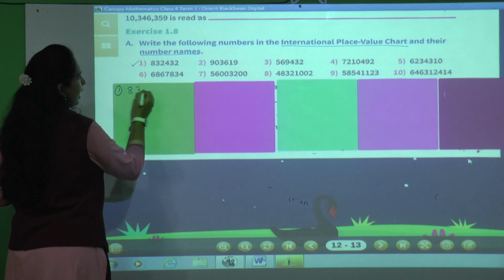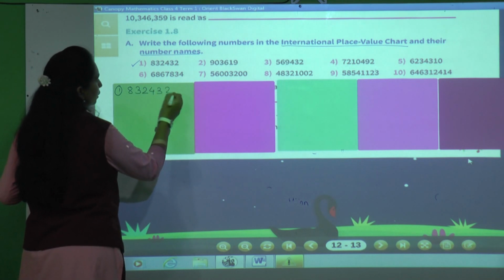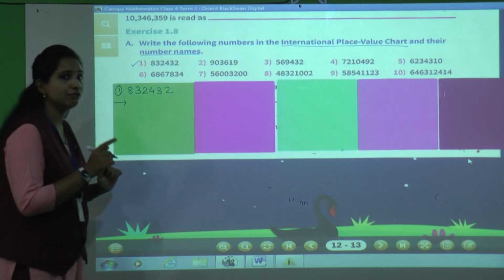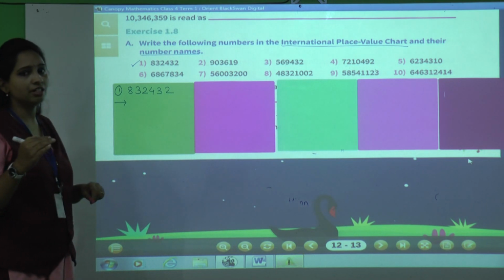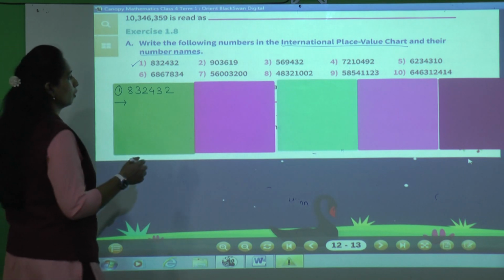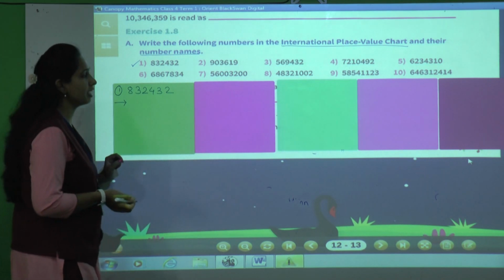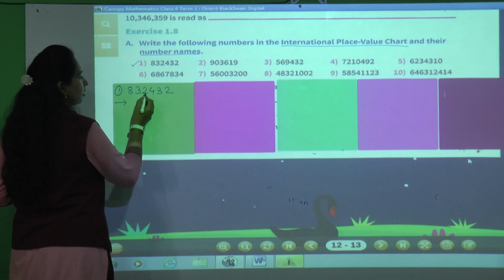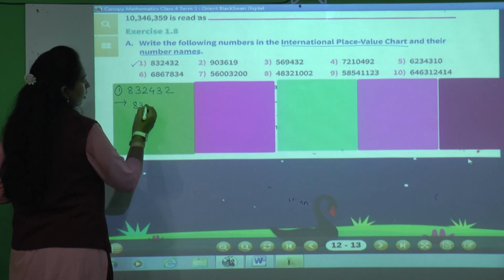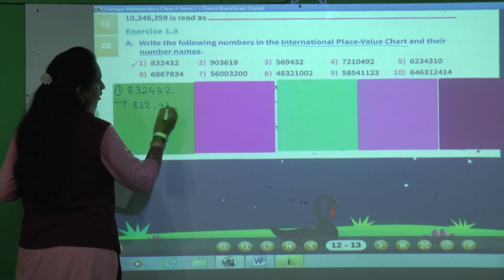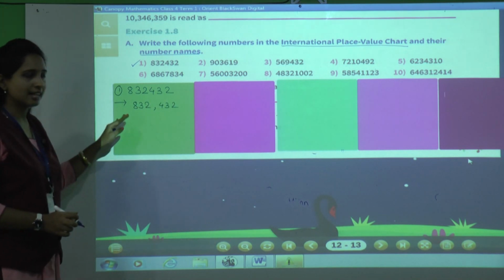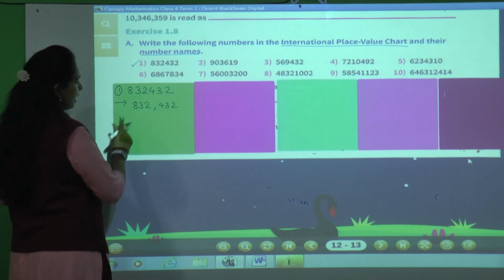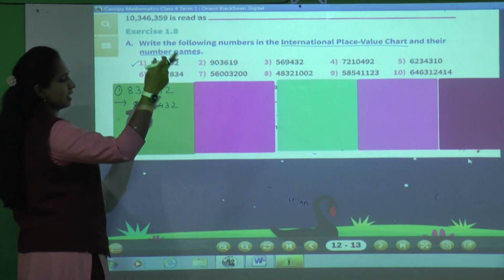I will start with the first question. What is the question? 832432. Now I will write this number in standard form, that is, the international place value system. Do you remember how we put commas in the international place value system? Commas come after 3 digits. So 832,432. This is standard form. Now we will place this in the international place value chart.